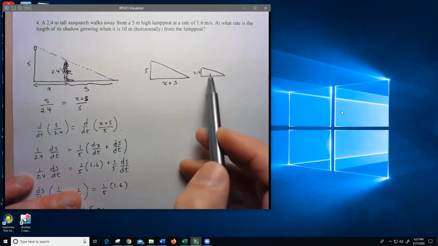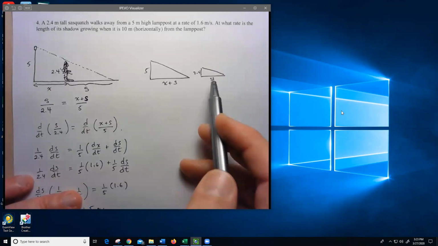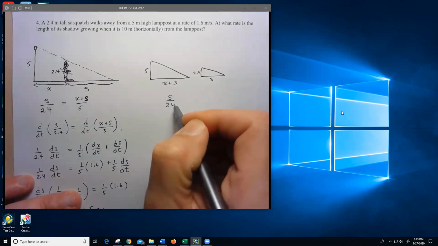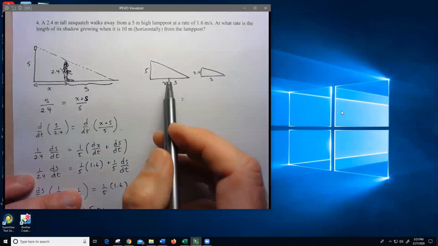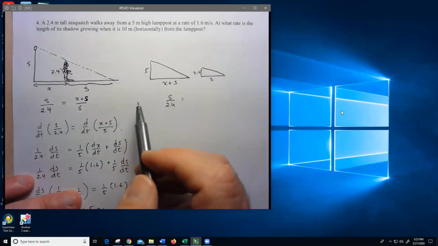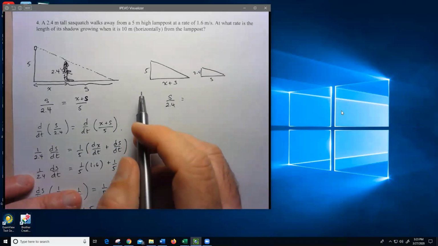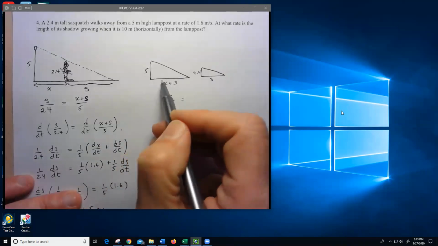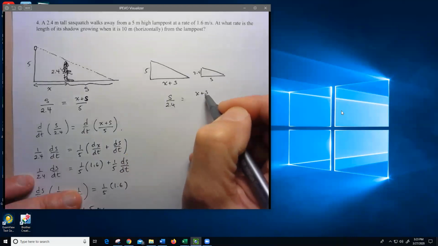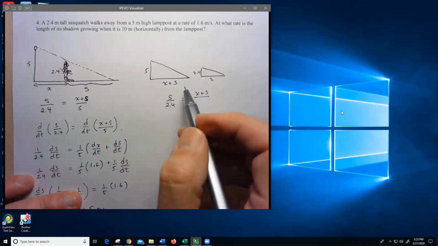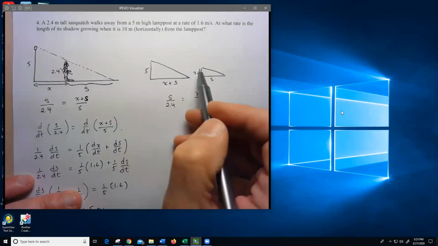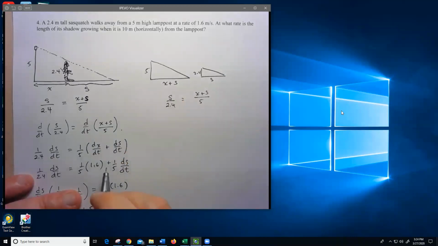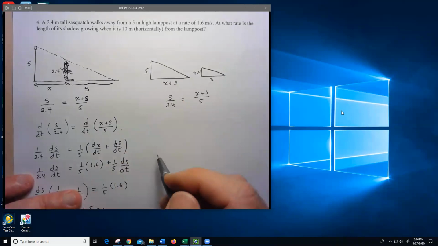I could work with one triangle on one side, so here s over 2.4 equals, and as long as I keep the same order, the ratios are going to be the same. So in this case, I started with this side length, which corresponds to that one there, so x plus s in the numerator, and then this length here corresponds to the one in the denominator, so over 5. Okay, so that's one way of setting up the proportion.